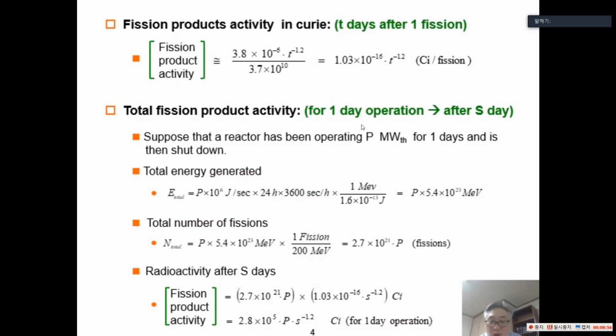So this is 2.8 times 10 to the 5 P times t to the minus 1.2 power. This is the fission activity after 1 day operation. Okay? So if you don't understand, just read the text again and again. You have to understand this.